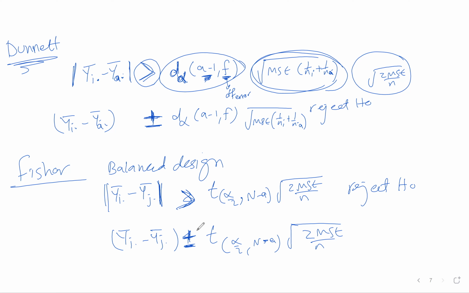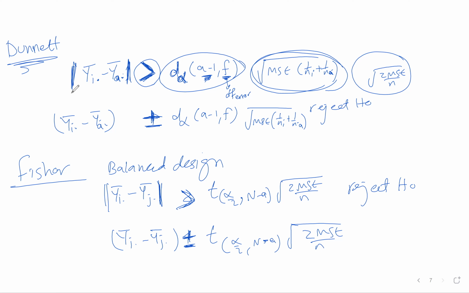Testing and confidence interval are similar, except you change the greater than to plus or minus, and you remove the absolute value. Those are the 4 methods, ordered based on which one is the most conservative and which one is not conservative. Any questions so far?